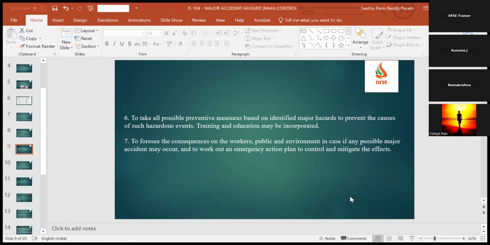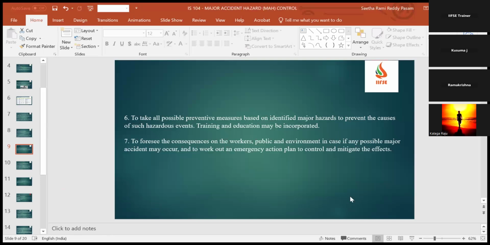Then to foresee the consequences on the workers, public and environment in case any possible major accident occurs, and to work out an emergency action plan to control and mitigate the effects. So based on the MSIHC rules, you have to make an on-site emergency plan, if I'm not wrong, Rule number 9 and Rule number 12.